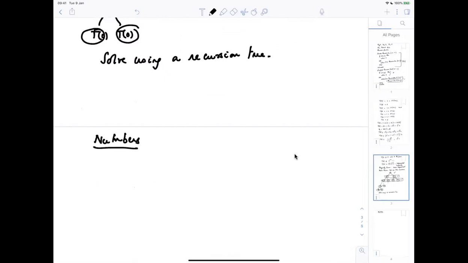For example, when we say input size, when I'm looking at sorting or searching, it is the size of the array. We look at the size of the array.